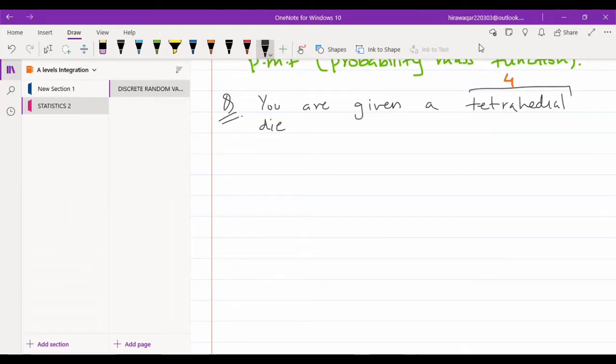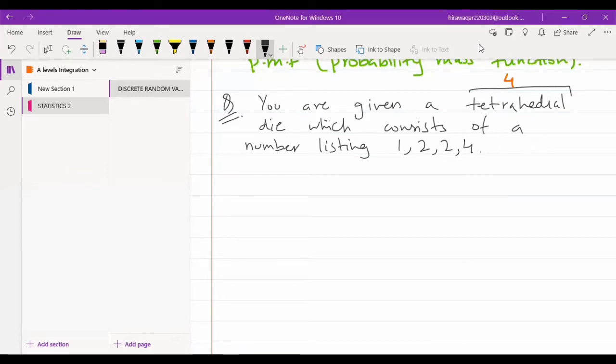So you are given a tetrahedral die which consists of numbers listing 1, 2, 2, 4.